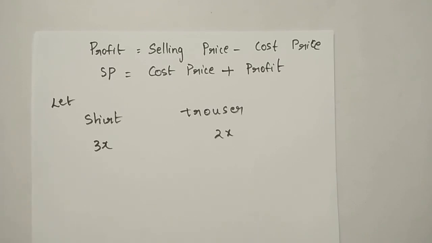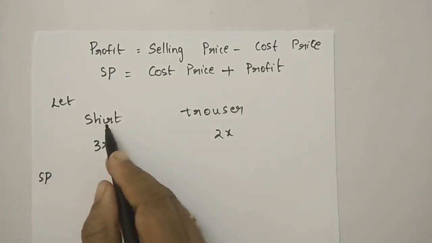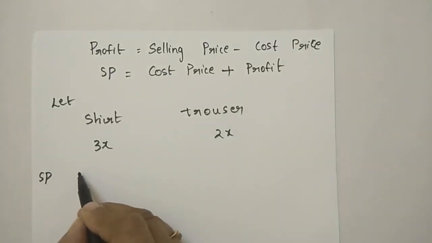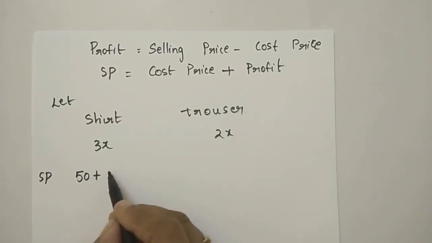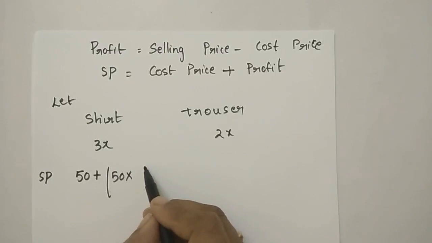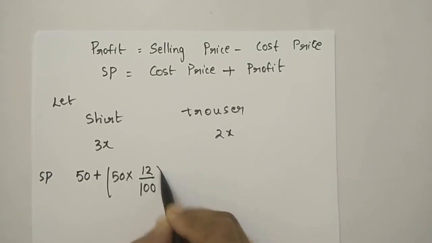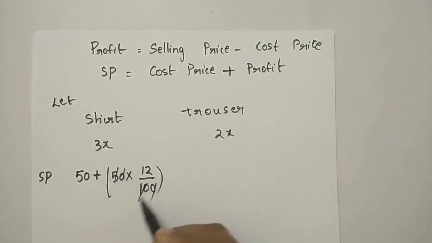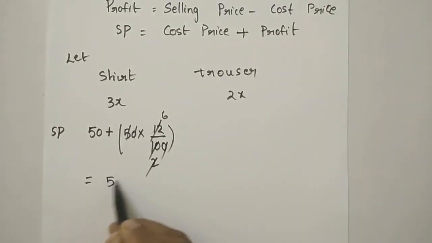Now we have to find the sale price of shirt as well as sale price of trouser. Okay, so sale price of shirt: cost price is 50 plus profit, which will be 50 into 12%, is it not? So this cancels and this becomes 50 plus 6, which is equal to 56.